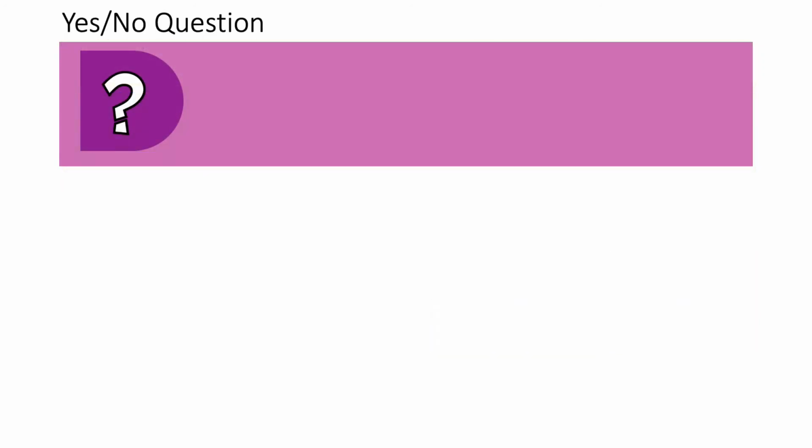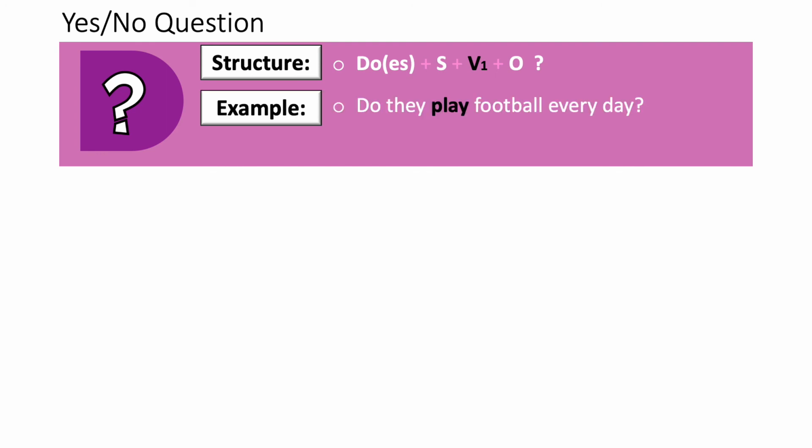Okay. Let's take a look at how we form yes-no questions with the present simple. We start with the verb do or does, followed by the subject, then we add the verb and the object. Here are the examples. Do they play football every day?